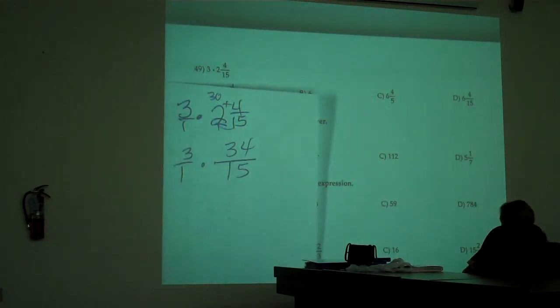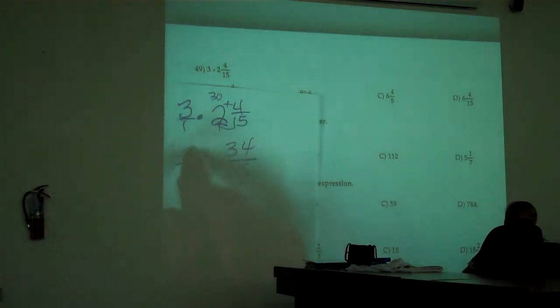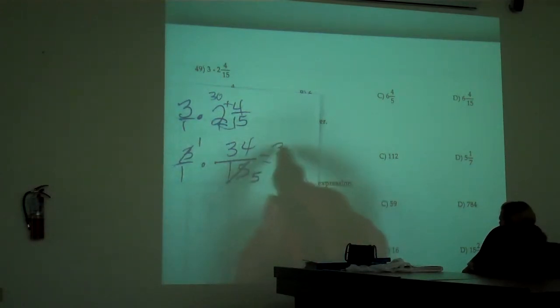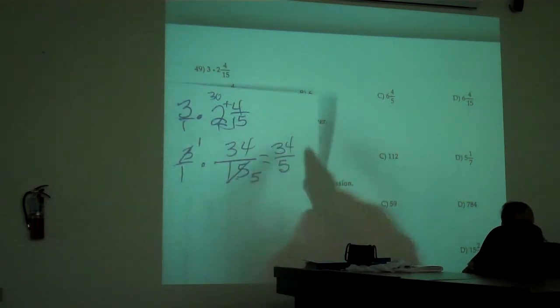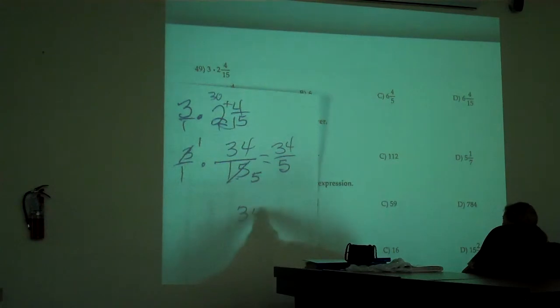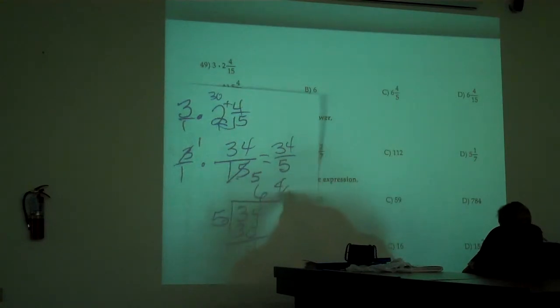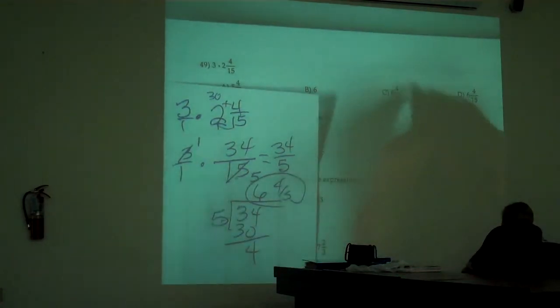Do we want to multiply that or do some canceling? We can do the 3 and 15. Divide by 3, divide by 3. So it's going to be 34/5, which is 6 and 4/5.